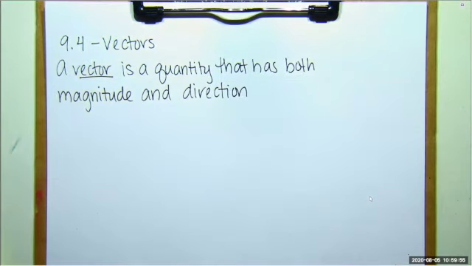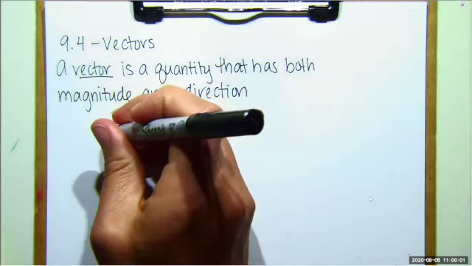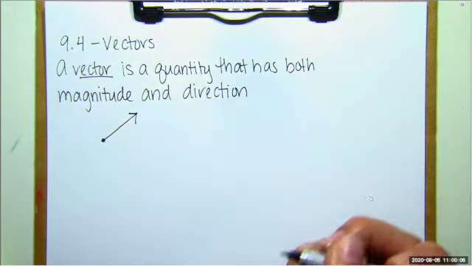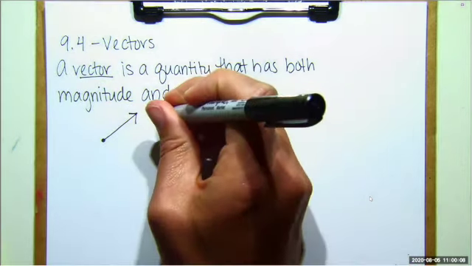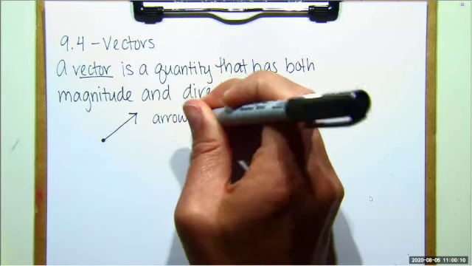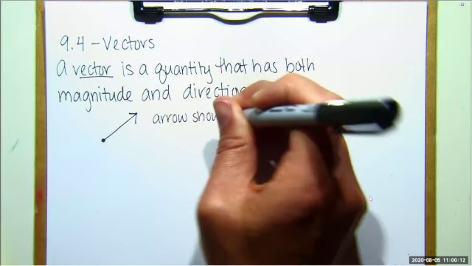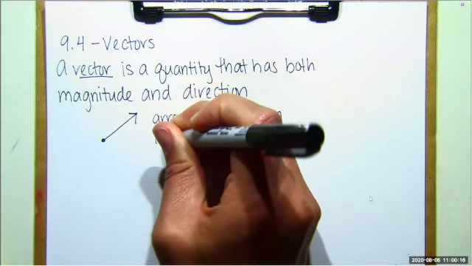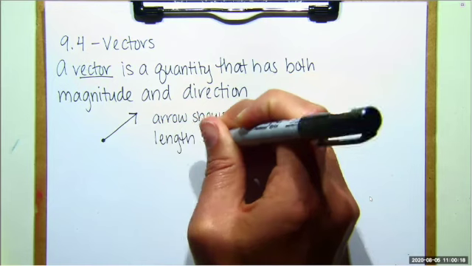Okay, so a vector is a quantity that has both magnitude and direction. We indicate a vector with an arrow. The arrow shows the direction, and the length shows the magnitude.